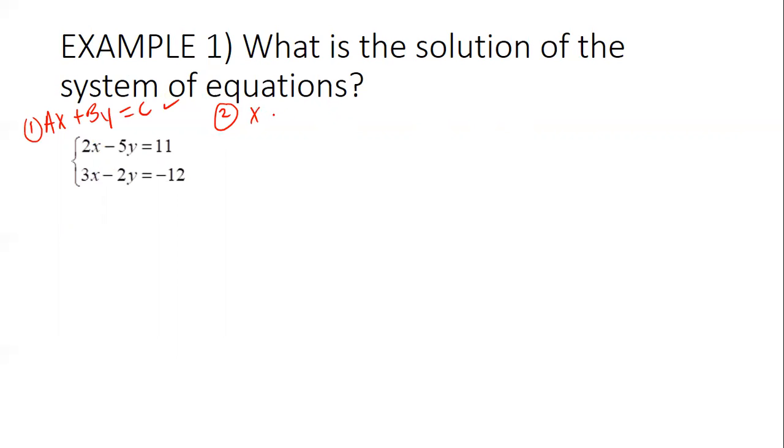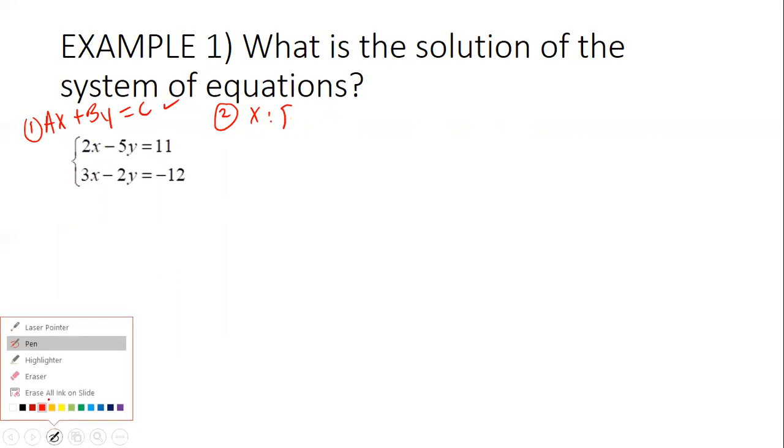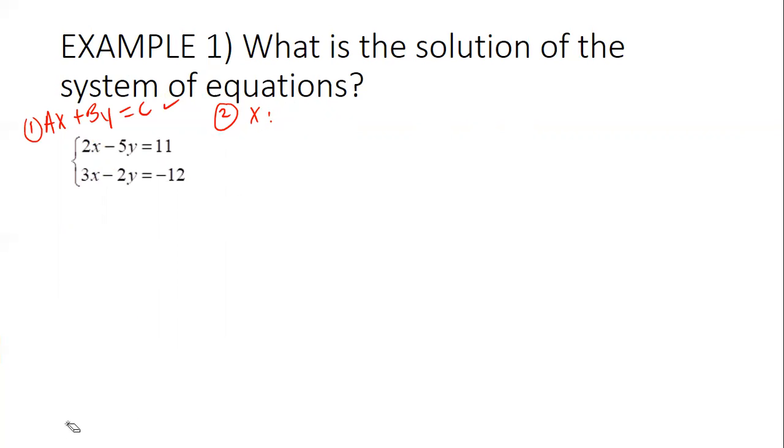So for X, the least common multiple between 2 and 3. What is the smallest number that 2 and 3 both divide into evenly? 6.